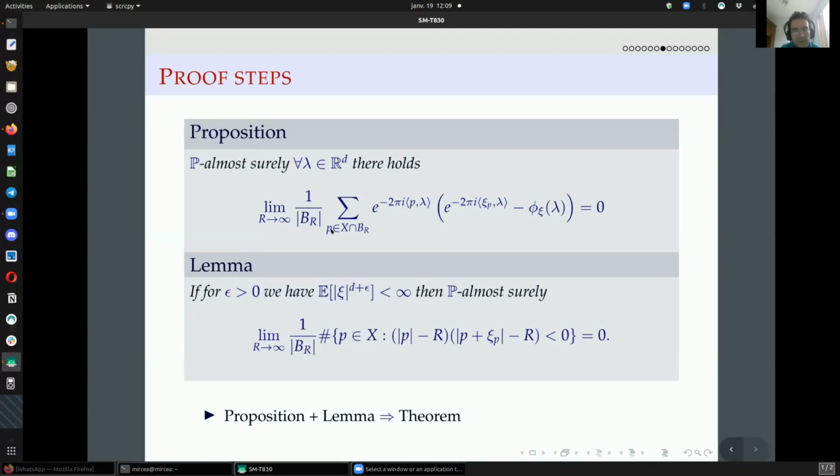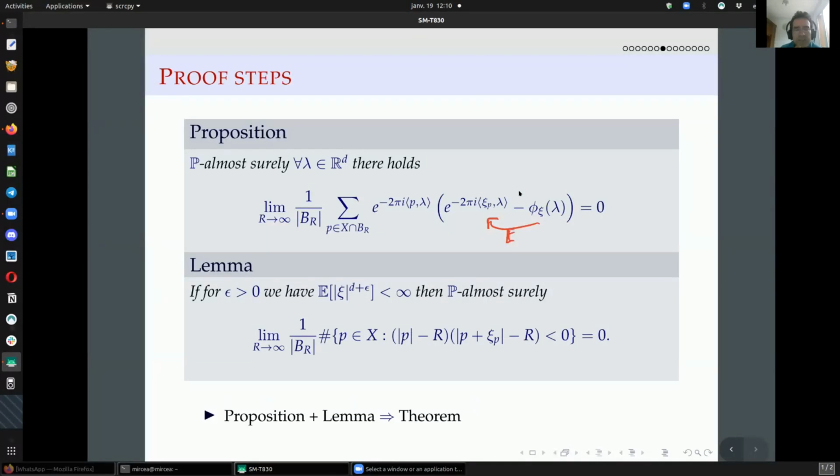It is the limit of the average over larger and larger balls of the Fourier coefficient corresponding to a point in X, plus the difference between the Fourier transform of my vector psi-p and its average, which is the expectation of that other part.